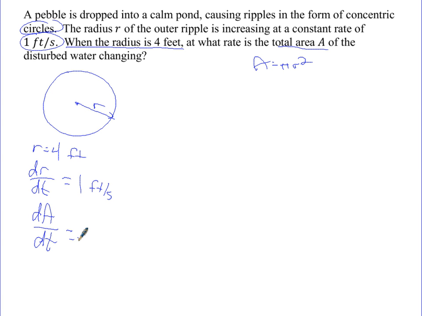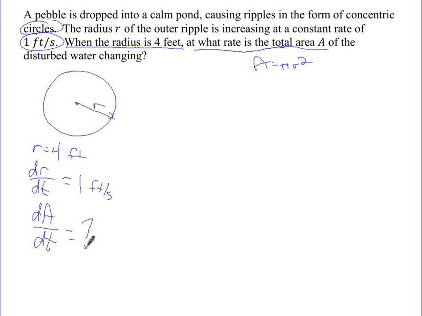That guy. The rate of change of the area with respect to time. And it turns out that that's what we're looking for. What rate is the total area of the disturbed water changing? That's the guy we're looking for. So once we take the derivative of this formula, we'll have to solve for dA over dt, and that's what we're going to find.